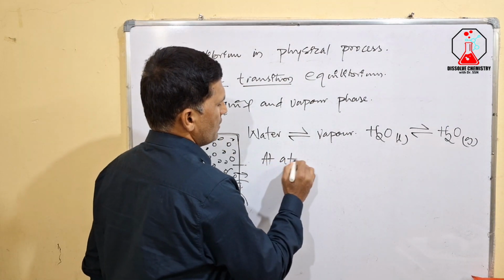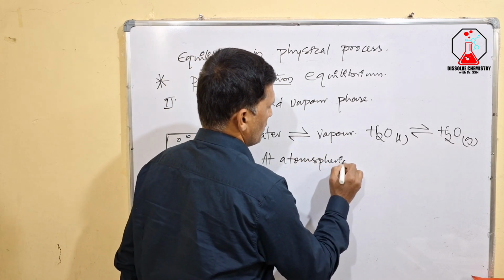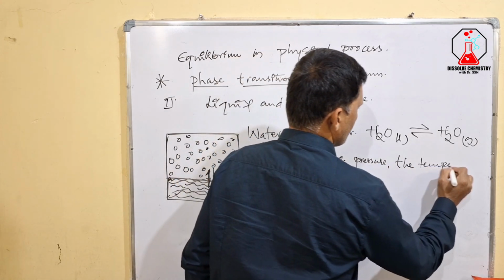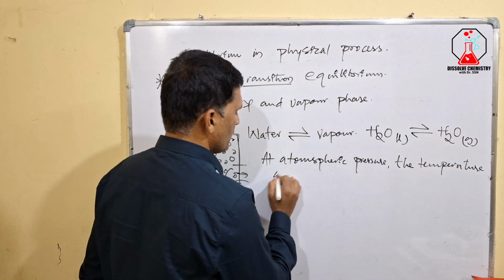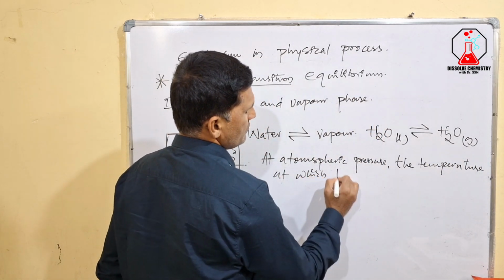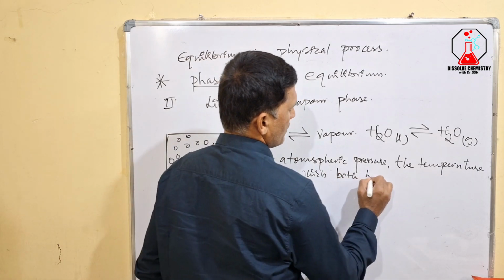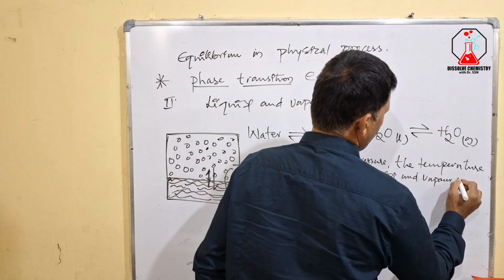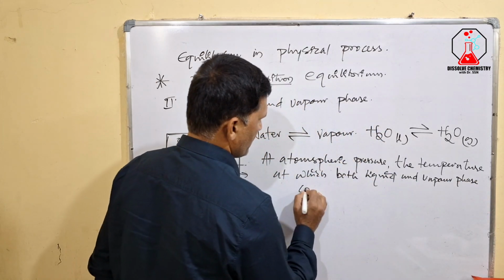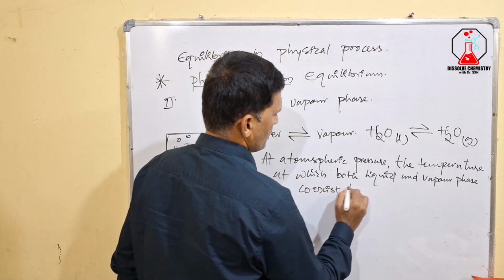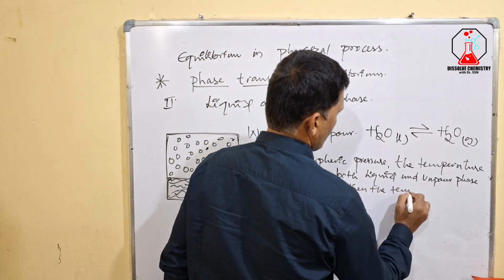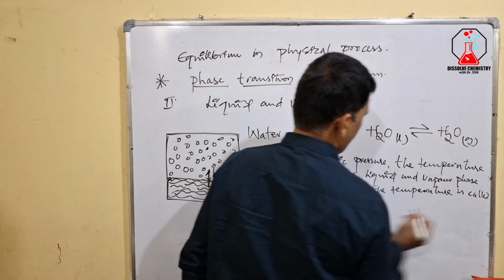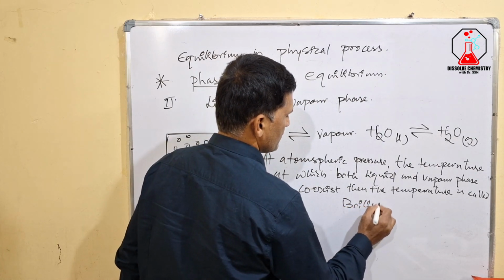At atmospheric pressure, the temperature at which both liquid and vapor phase coexist, that temperature is called the boiling point. That's one point.